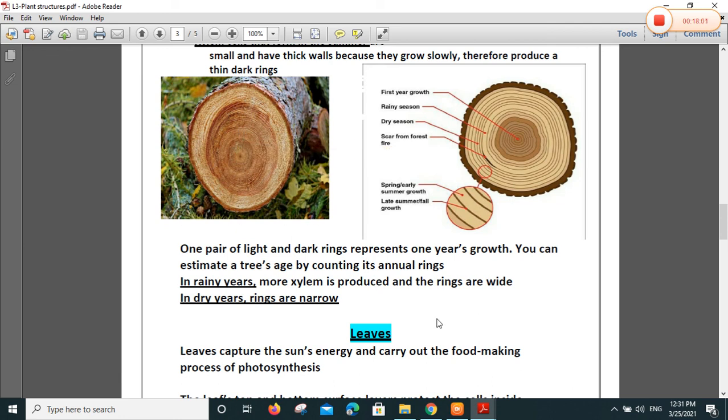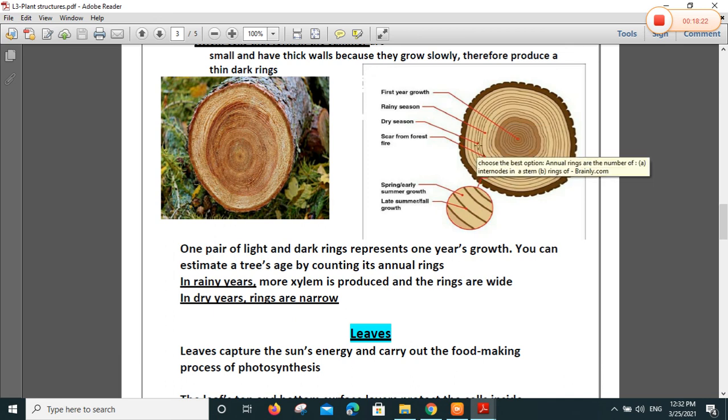In dry years, the rings are narrow. Look at this scar: this is fire, no water, and this thin area means dry season.